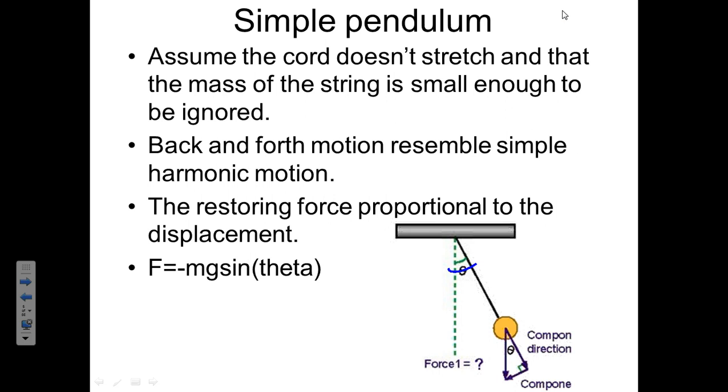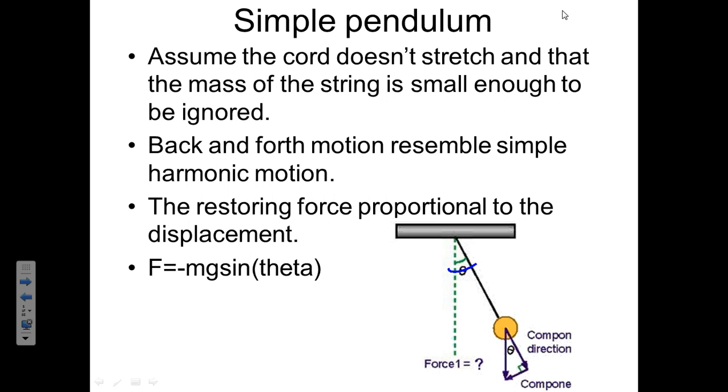Which again means what's proportional to the displacement. To be simple harmonic motion, what has to be proportional to the displacement? The restoring force. And the restoring force is always which direction? Opposite of displacement, back toward equilibrium. So look at what we say here about the simple pendulum.